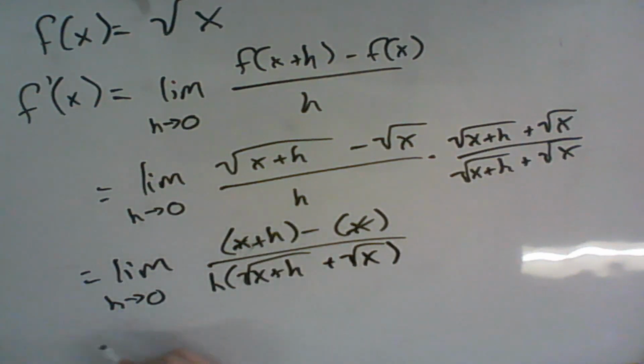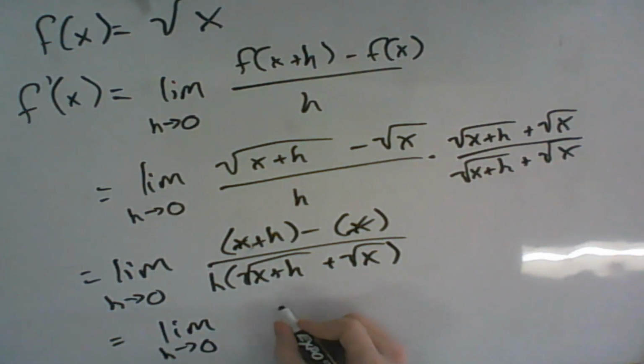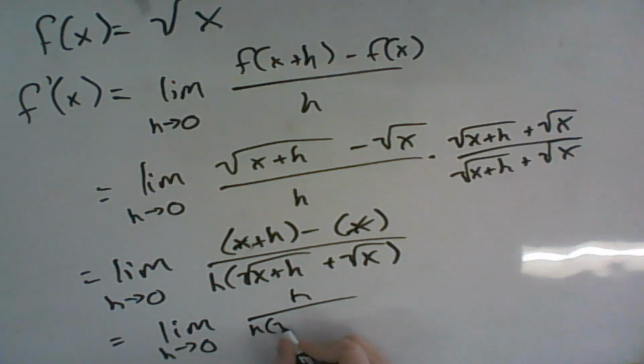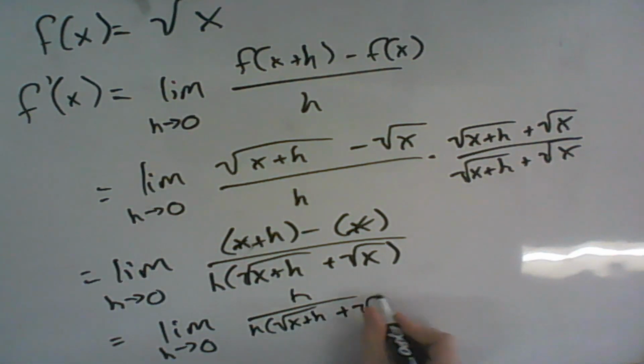Okay, the h's are going to cancel in a second, so we're going to get the limit as h approaches 0 of h over h times square root of x plus h plus square root of x. So the h's cancel.